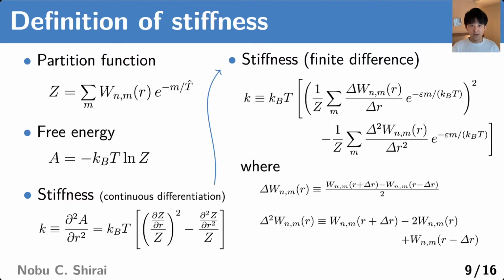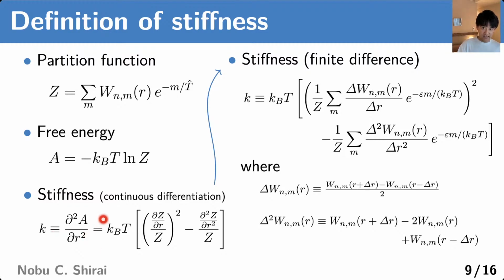By defining the model, we can follow the equations of statistical mechanics. By counting the number of conformations of the interacting self-avoiding walk, where W is the number of conformations, we can get the partition function Z, and from it A, the free energy. If we take the second derivative of A, that will be the stiffness.